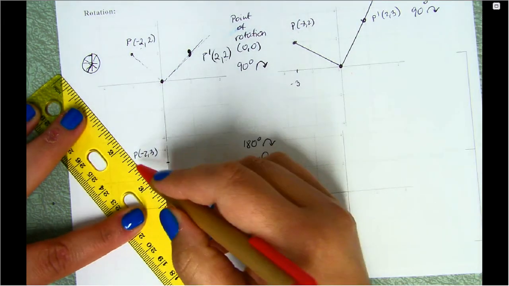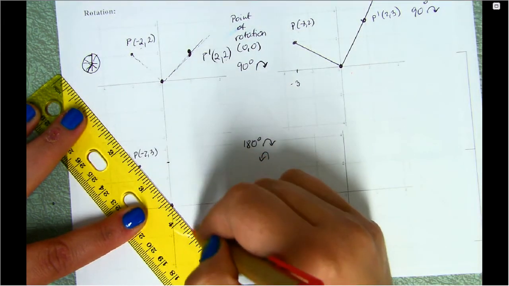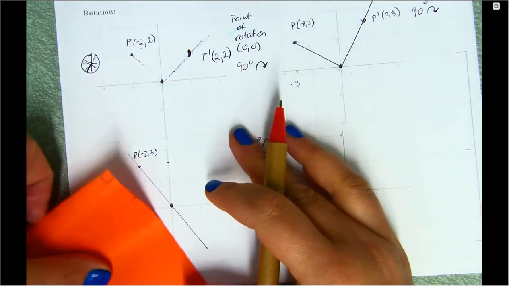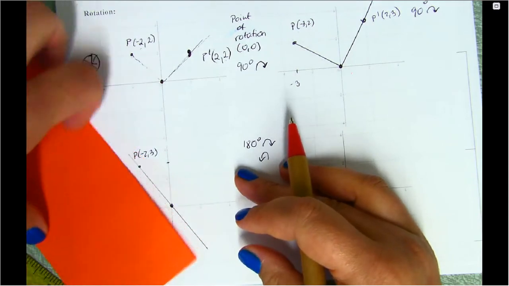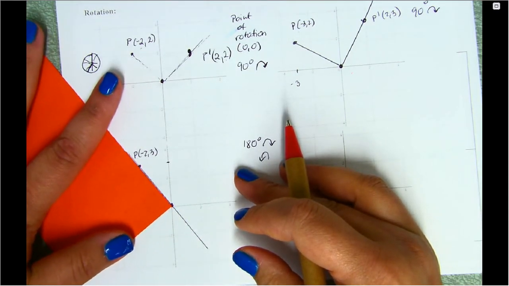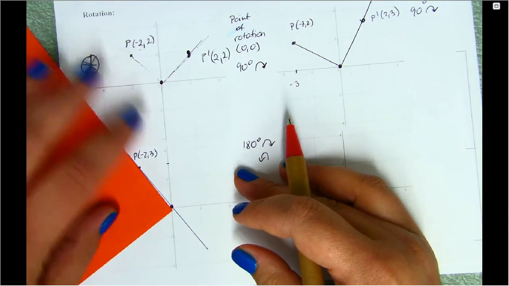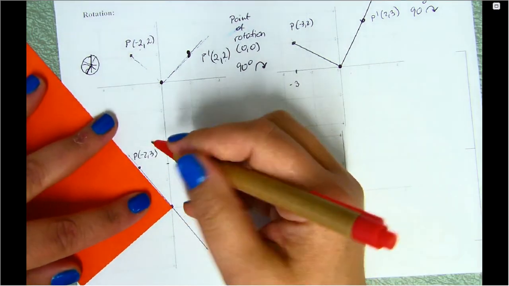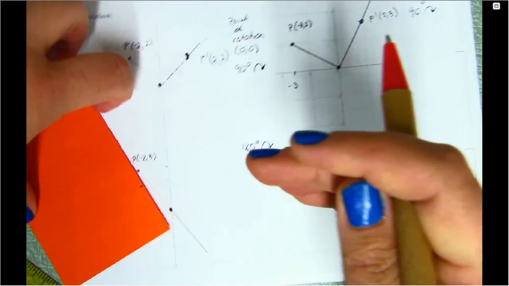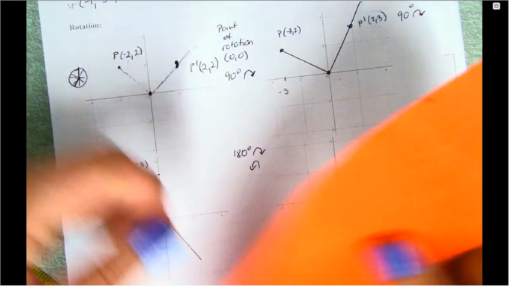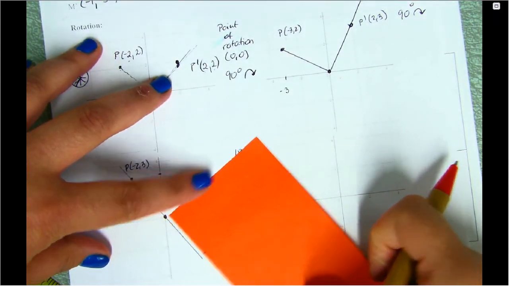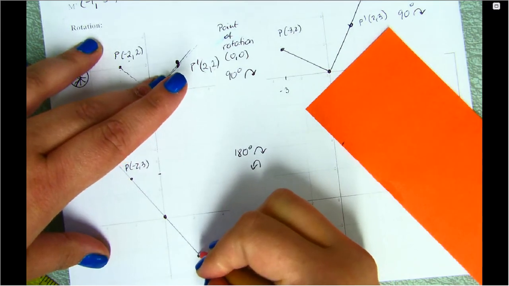So I would draw my line. I can see how far away it is. You can measure, or you can use paper. Okay, it is somewhere here. So I'm going to use the same length on the other side, right here.